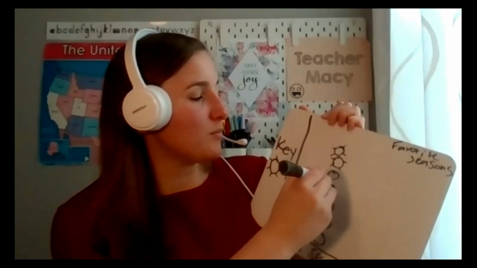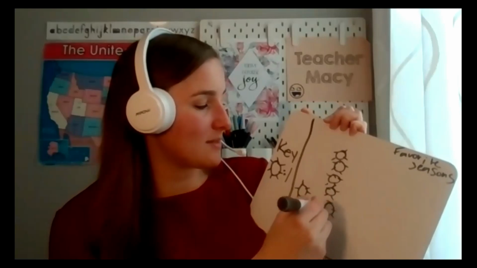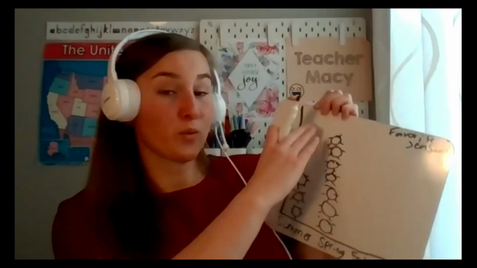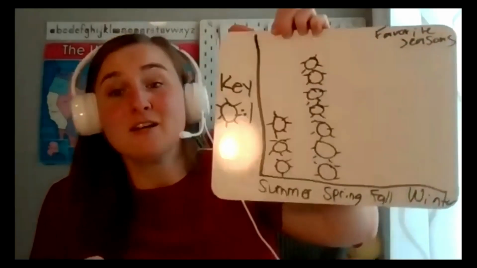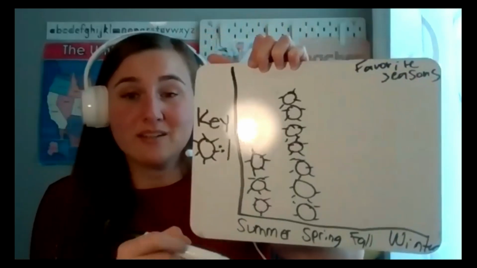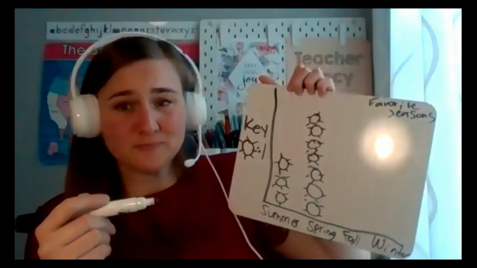Second grade, it's really important when you're making a pictograph that all of your pictures are about the same size. Because if I drew 3 really big and tall suns, it would look like summer and spring got the same amount of votes, when clearly spring had more, because spring had 7 and summer only had 3.